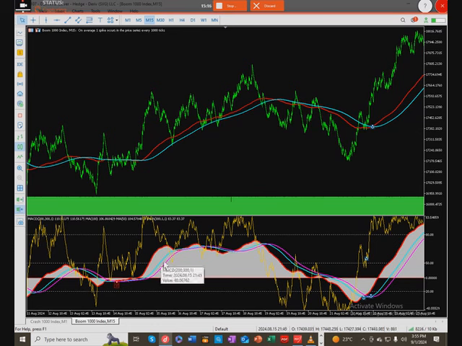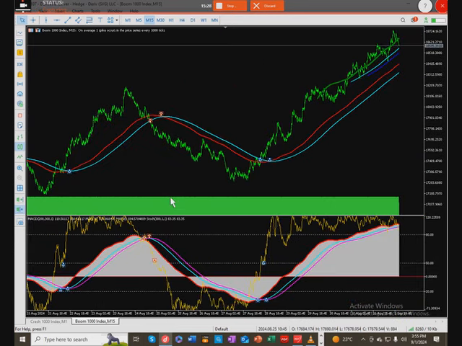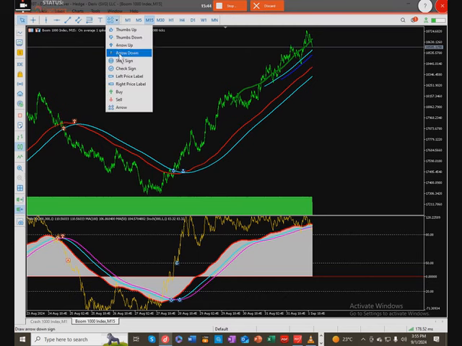Yeah, it will go up. So another way to take a clear uptrend: when the MACD crosses the zero level, you can also take your buy.